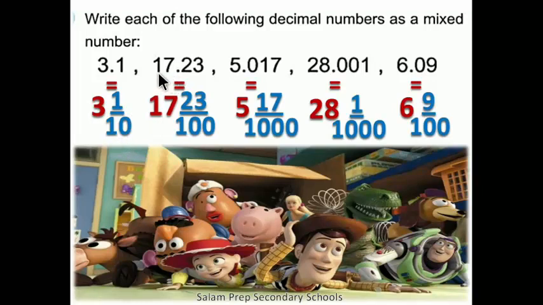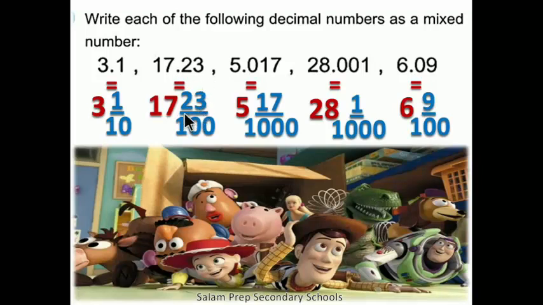The next one, 17.23. This is a decimal number. We want to write it as a mixed number. First, write the whole number. The whole number is 17. Write 17. Okay? Don't write the decimal point. The decimal part is 23.